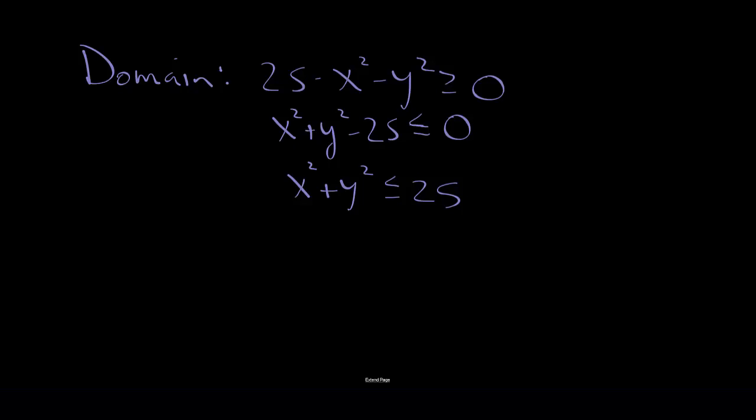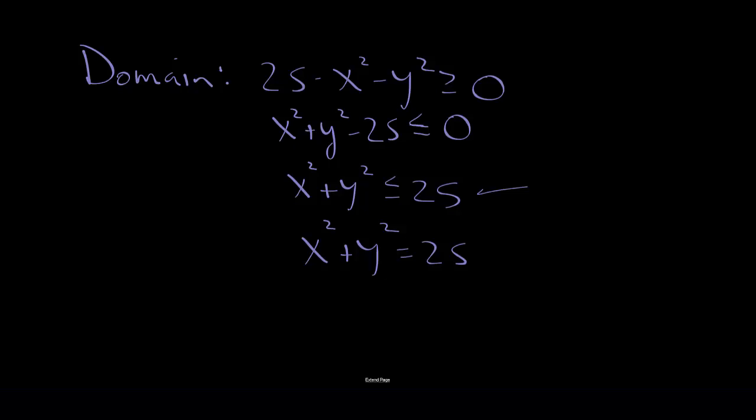This is the domain. Now, this is different. We're used to having a domain in terms of x. Now we have a domain in terms of this. If you look at this, though, x squared plus y squared equals 25, we know that this is a circle of radius 5. And x squared plus y squared less than or equal to 25 is talking about everything inside that circle.